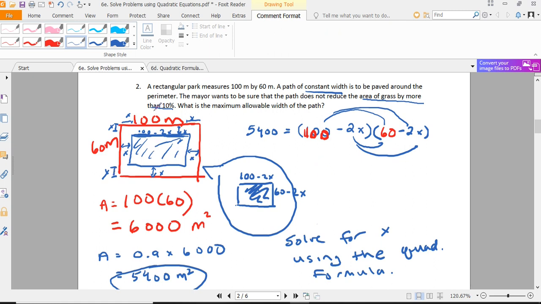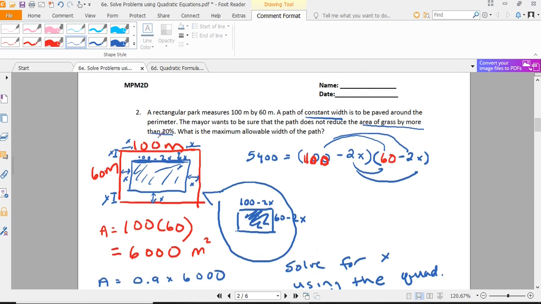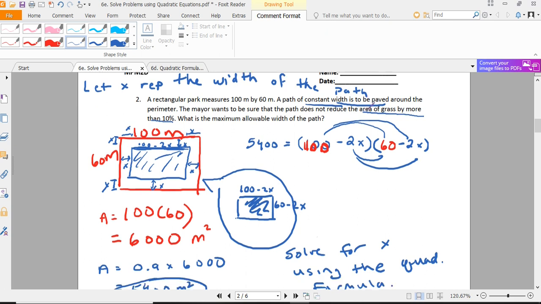You should probably include this at the very beginning. But since I forgot, I'm just going to throw it up here. Let x represent the width of the path. Okay?